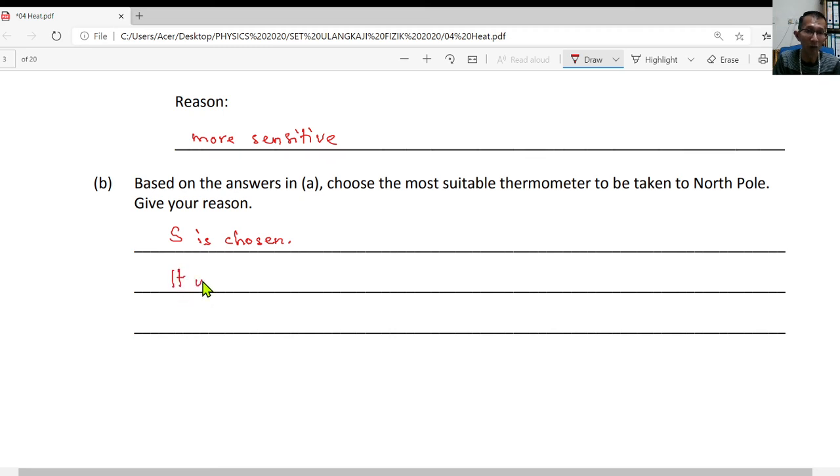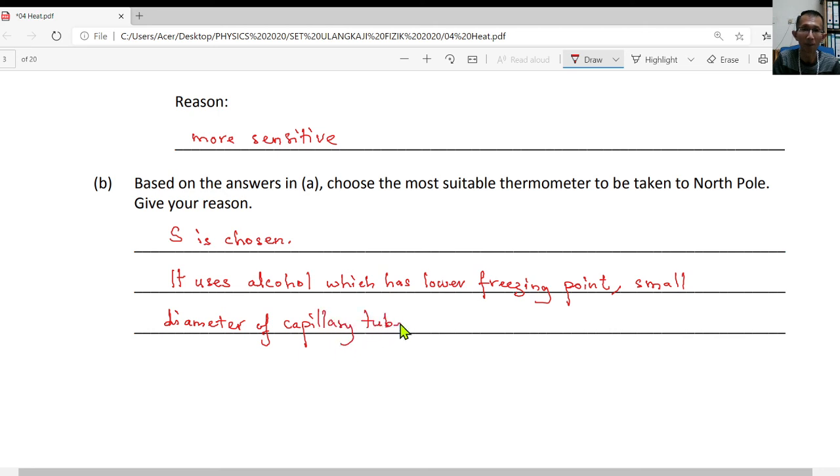Simply write it uses alcohol, which has lower freezing point, and then it has small diameter of capillary tube. And finally, thin wall bulb.